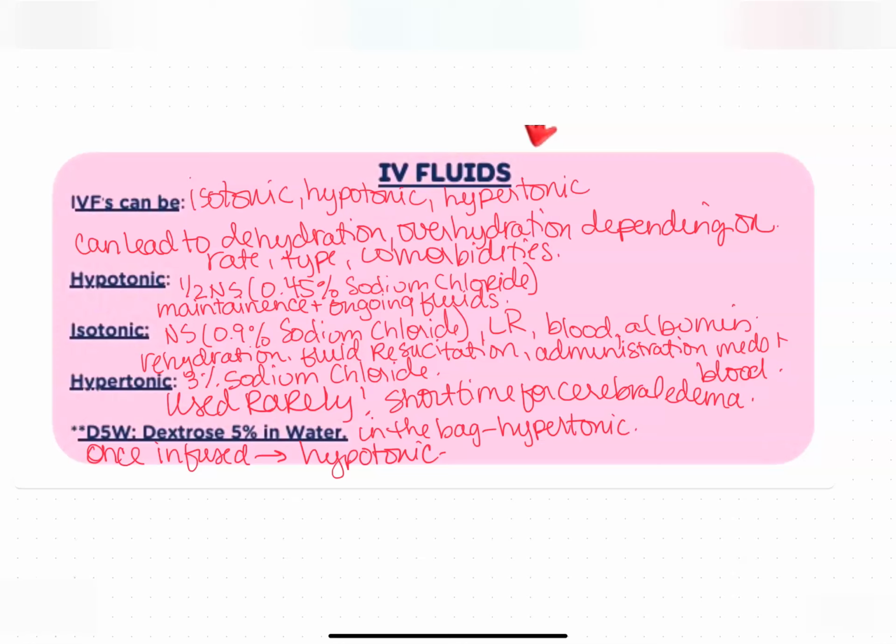So you often see D5W combined with sodium chloride, as in a D5 half normal saline or a D5 normal saline. The addition of the dextrose can help with low blood sugars.